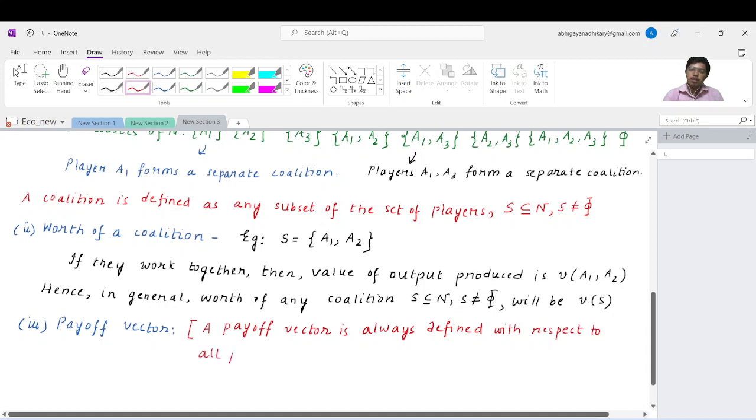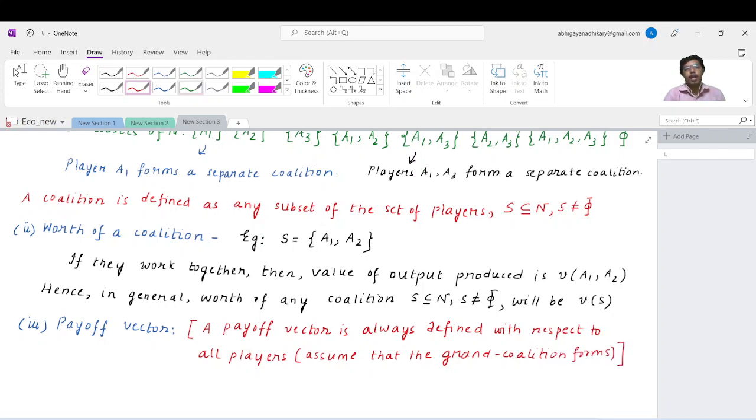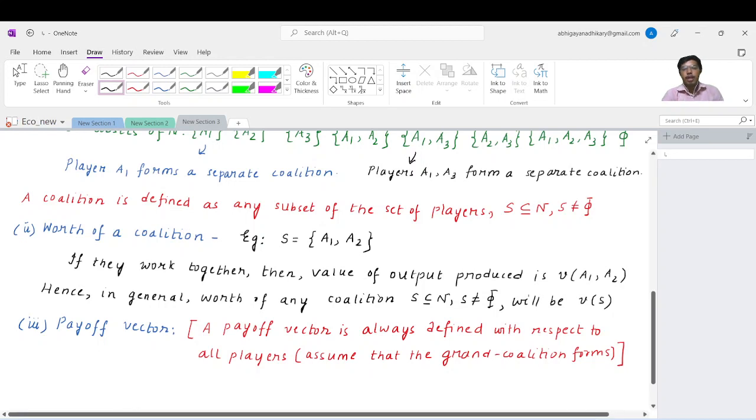Why? Because we assume that the grand coalition forms. Now, if you are still unsure of what a grand coalition is, let me just write down. Just coming back to this example of three players.